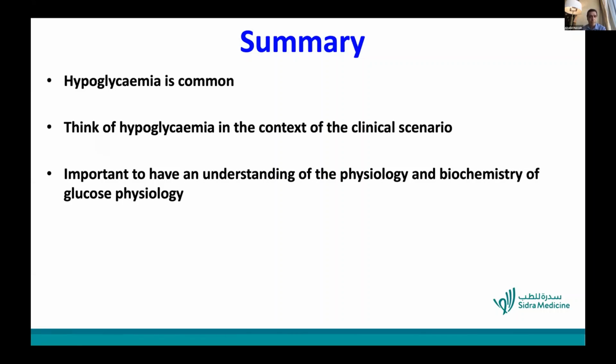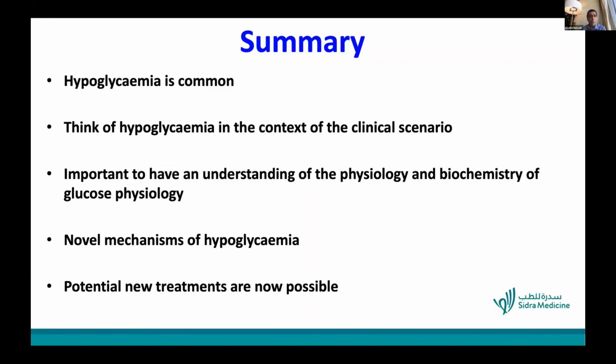You need to decipher what is the underlying molecular and biochemical diagnosis. And I hope I've shown you that just understanding a few patients with rare forms of hypoglycemia can give you new insights into the mechanisms of how insulin signaling takes place. And the most important thing I wanted to show you was that studying these patients has given us new insights into new therapies for some of these rare forms of hypoglycemia.